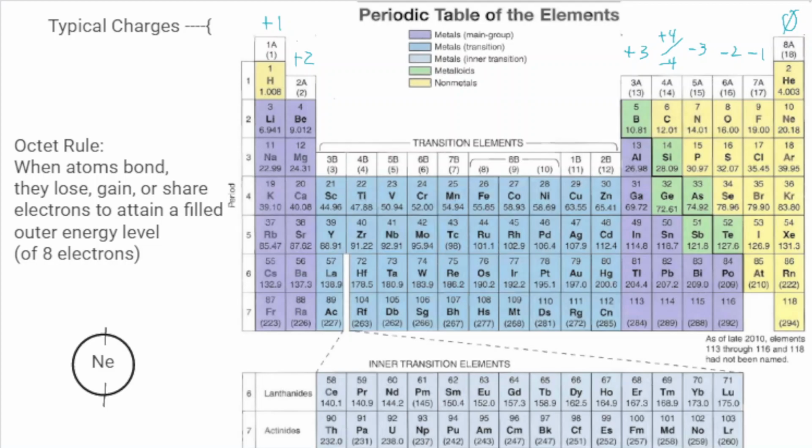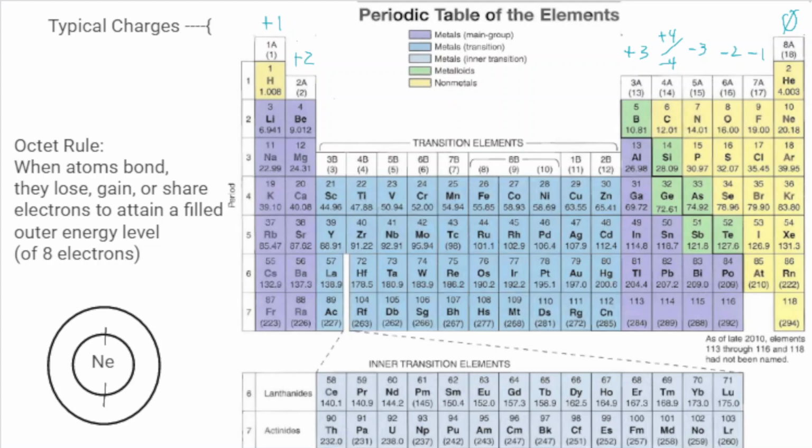Then we can go down to the second row. So each time you look at a different row, this is essentially another energy level. So we're adding on another energy level since we dropped down a row. And we can look at 1, 2, 3, 4, 5, 6, 7, 8. So we'll have 8 electrons in this energy level.